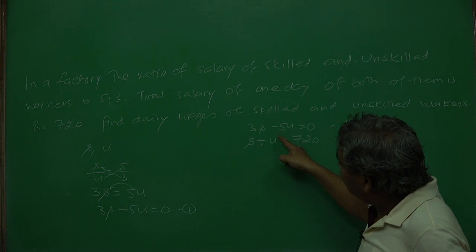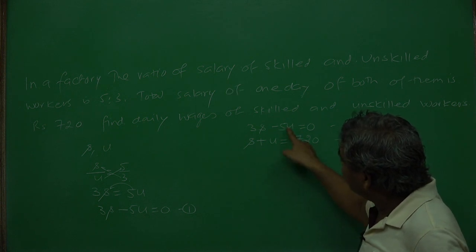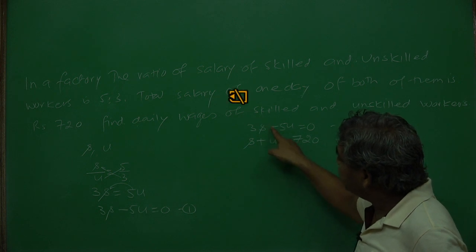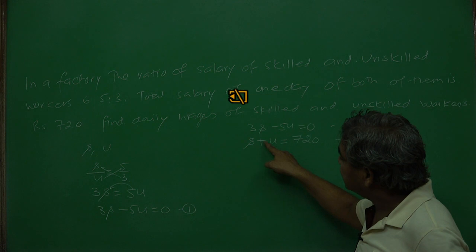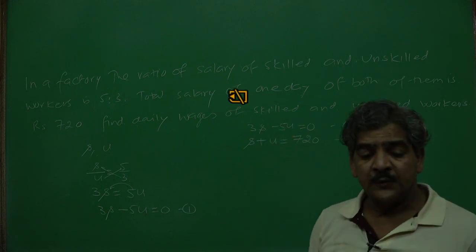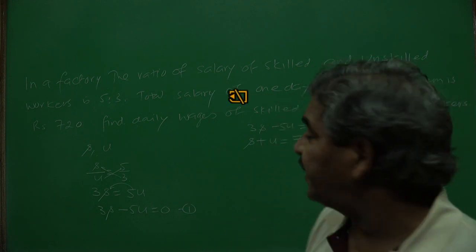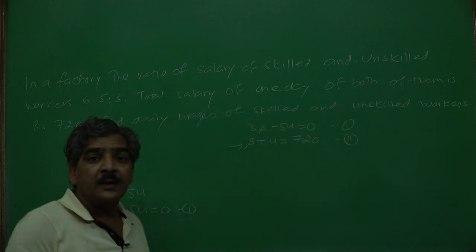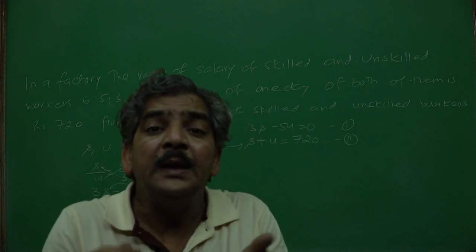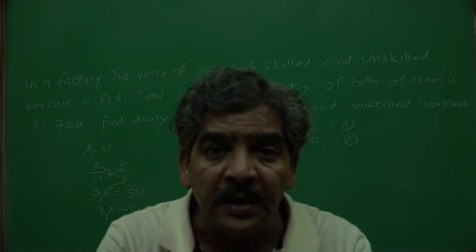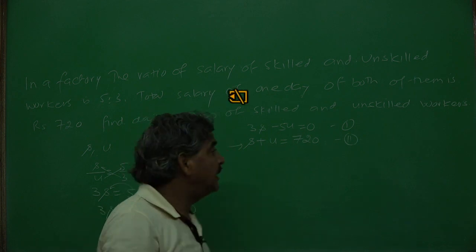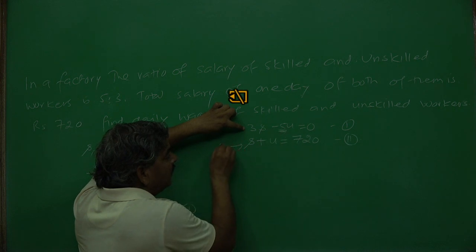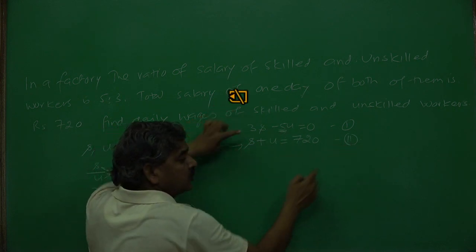Now, in both the equations, the coefficient of u has opposite sign. In the second equation it is plus, here it is minus. So better if I multiply both sides of equation 2 by 5, so that the coefficient of u in the resultant equation will become equal in magnitude.